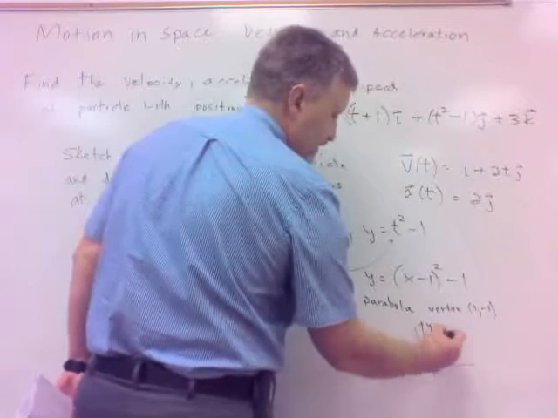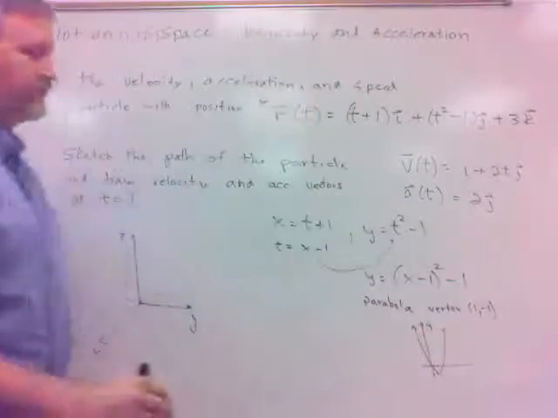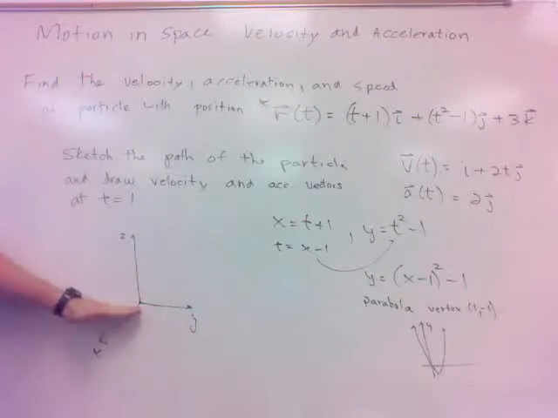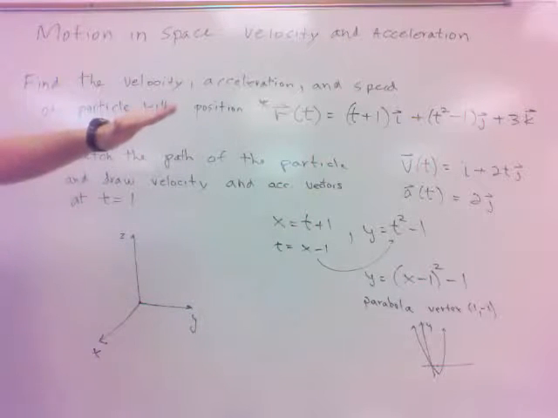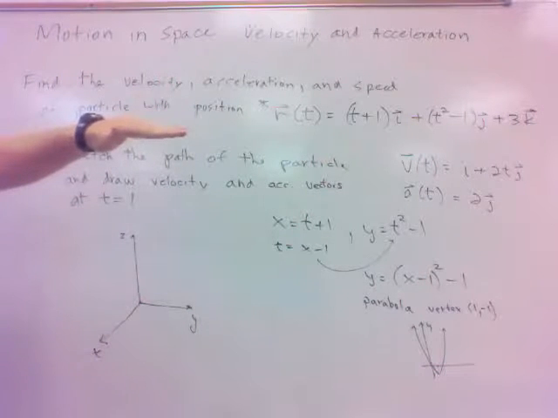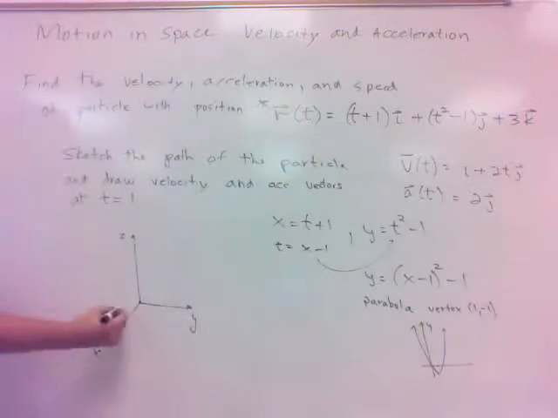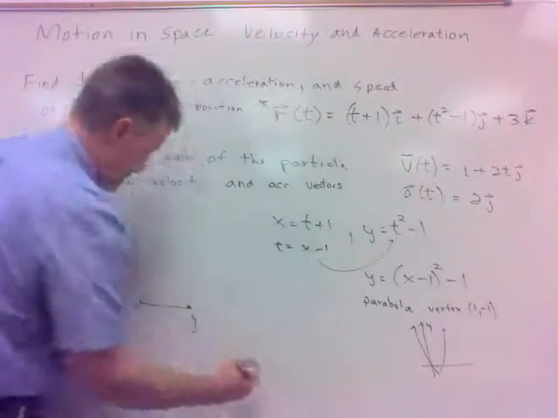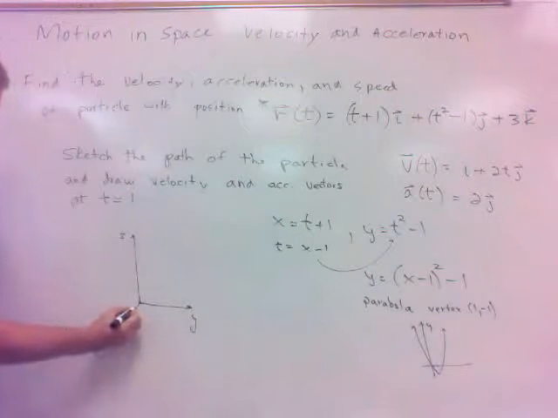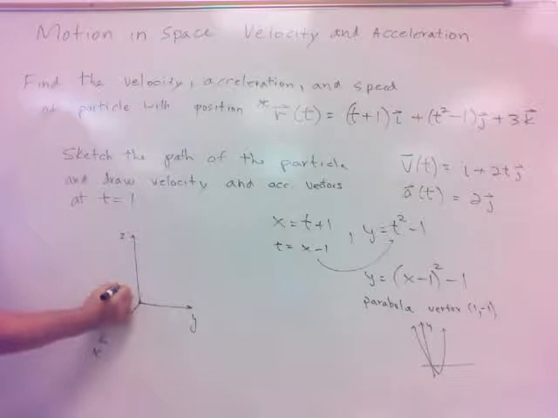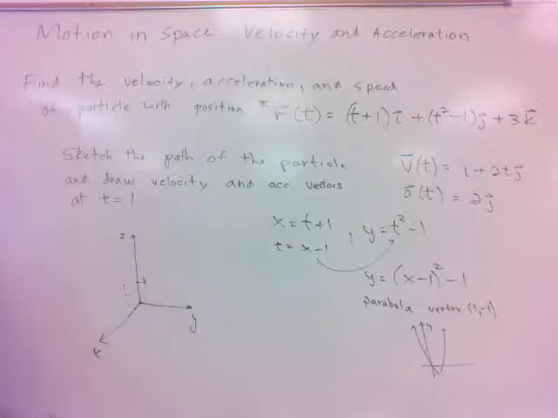If we put that in the three-dimensional world, that's what we've got in the xy plane, but the z component says it's at level 3. If we look at our vertex (1, -1), it's here and then back, so then we go up 3 in z, value 3 there.